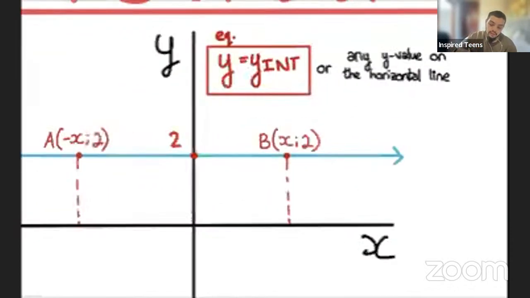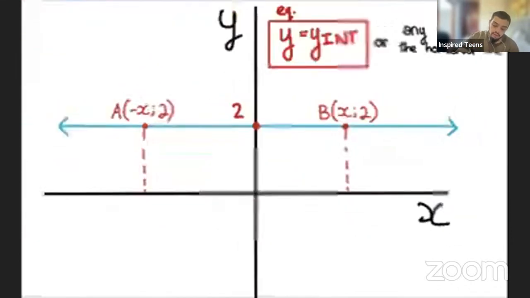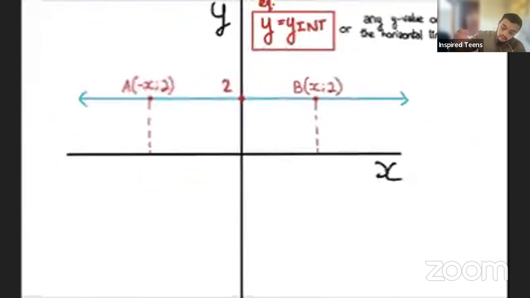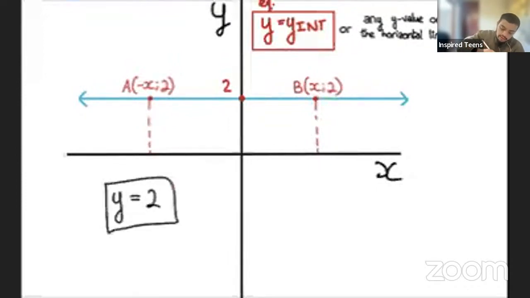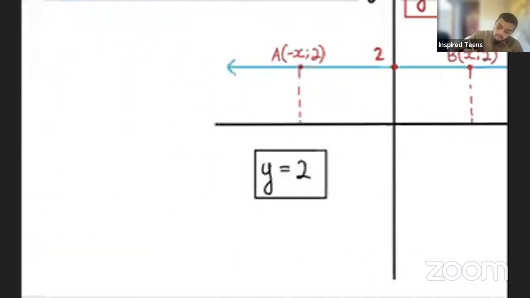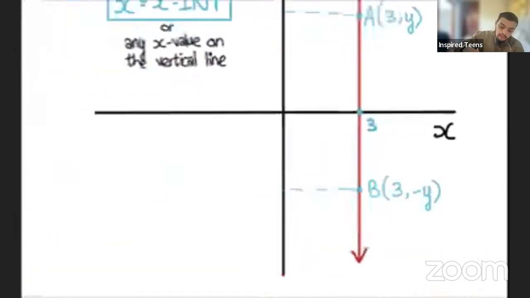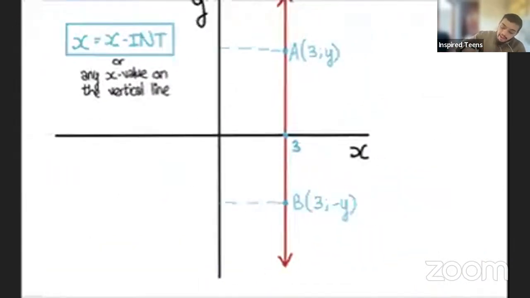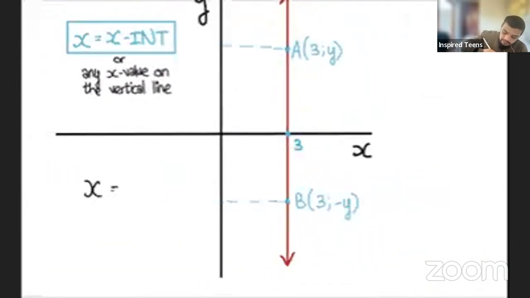So that's the equation of a horizontal line. For example, the equation of this line would be y is equal to 2, because y is equal to the y-intercept, or any y value on that line. Then if you go back here, the equation of this line would be x is equal to 3.